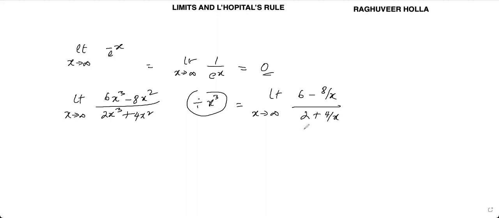Now substituting infinity, 8 by infinity is 0, and 4 by infinity is 0. So this is 6 minus 0 divided by 2 plus 0, which is 6 by 2, which is 3.